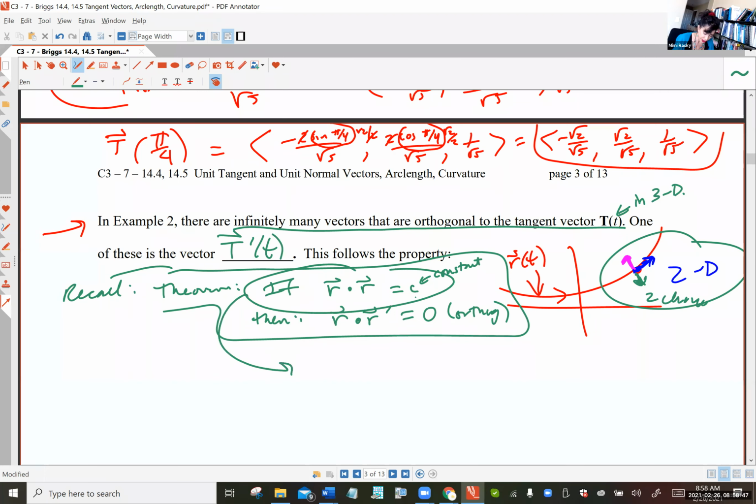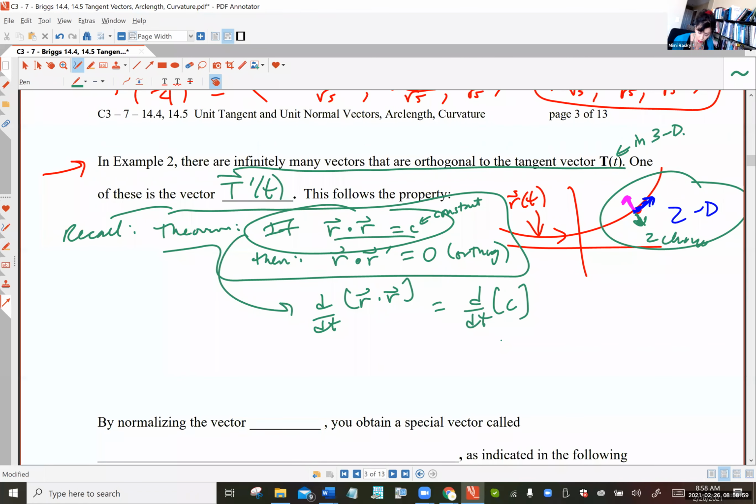Here, if you're given this is true, if you take the derivative of the dot product of R with itself, and you take the derivative of the right-hand side, that better be equal. Well, the right-hand side, the derivative of a pure number is just 0. Here, I'm going to use the product rule. Remember we did this? I think we did this the other day. And you had R prime dot R plus R dot R prime.